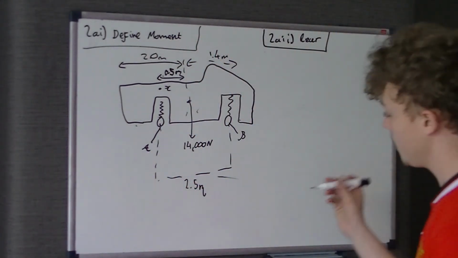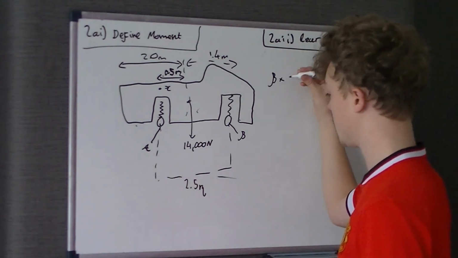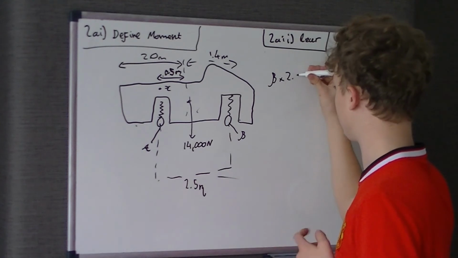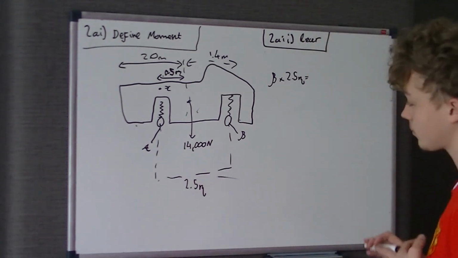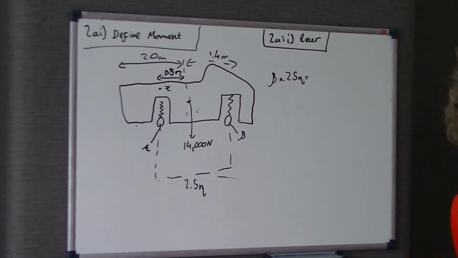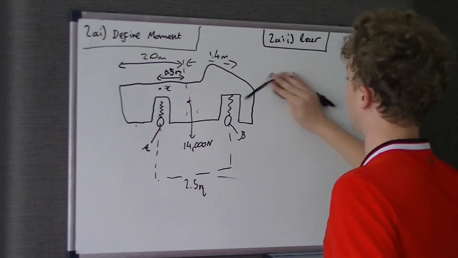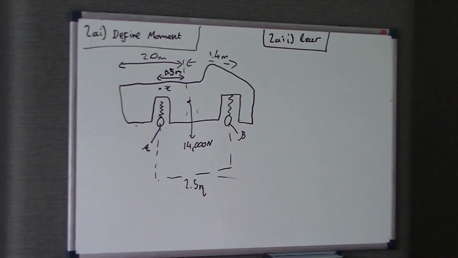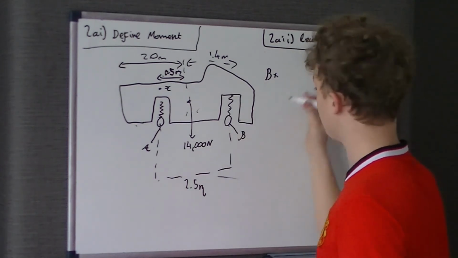So B times 2.5, because that's the distance between B and A. B times 2.5 meters equals. Oh, sorry, no, that's wrong. I'll explain why in a minute why I've done that wrong. So B times 1.4, because the weight is there.